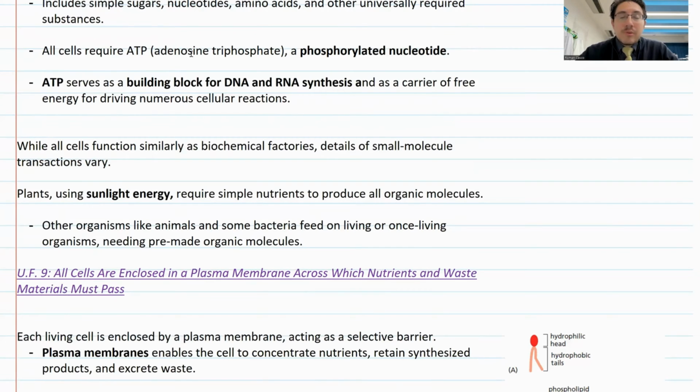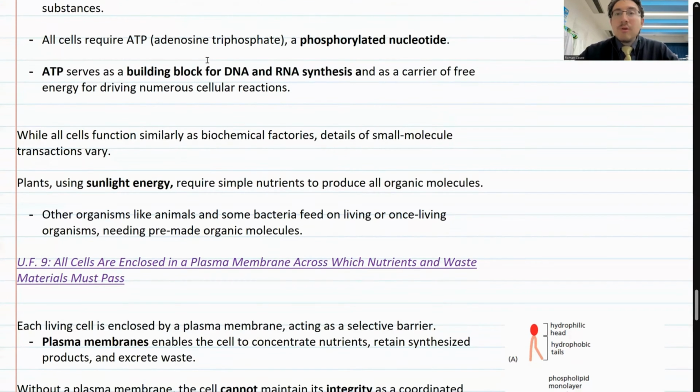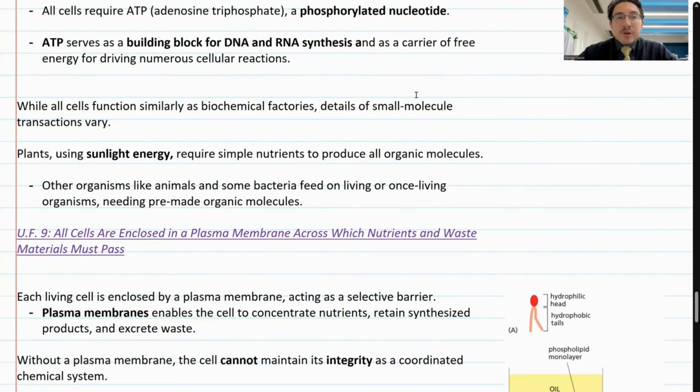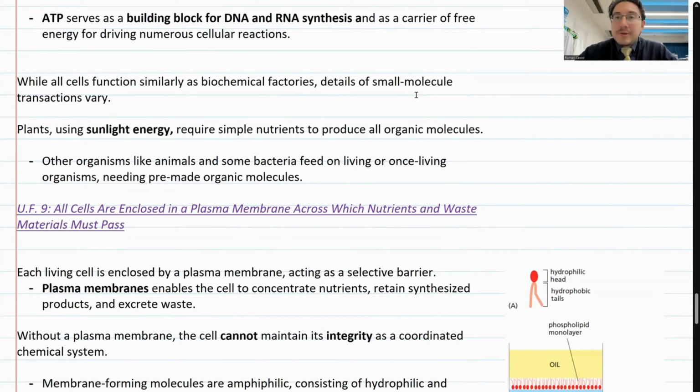So one of the ways to do all these metabolic processes is basically through the use of ATP, right? As we probably are familiar with, ATP is adenosine triphosphate, basically a phosphorylated nucleotide that essentially serves as chemical batteries for biological reactions to occur.